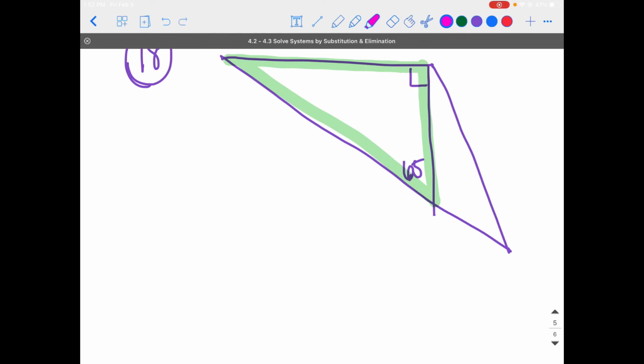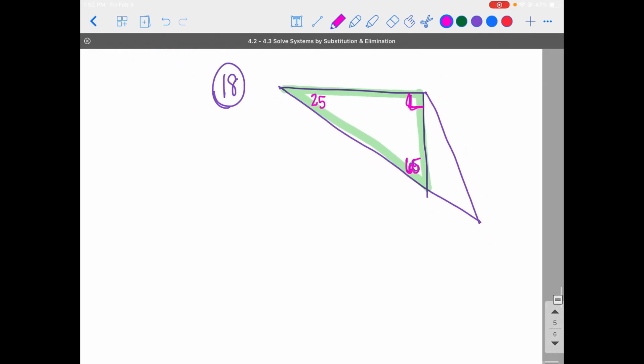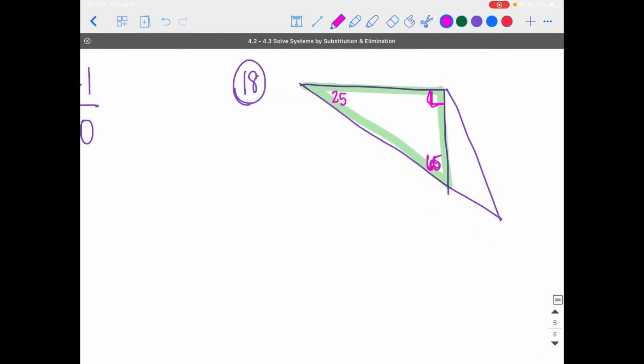So if I've got 90, 65, the other one would have to be 25, because those three make 180. Now if I look at the outside triangle, this is still 25. It tells me this is 50. So for this one, I do 180 minus 50 minus 25, which is 105 degrees.